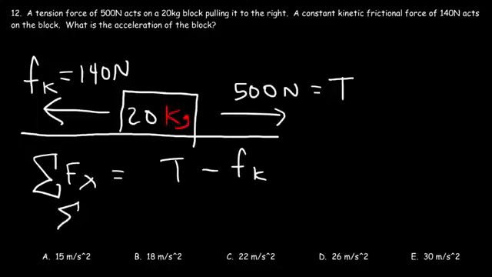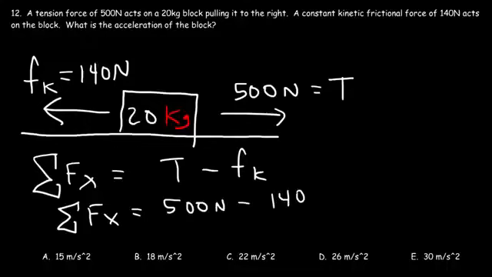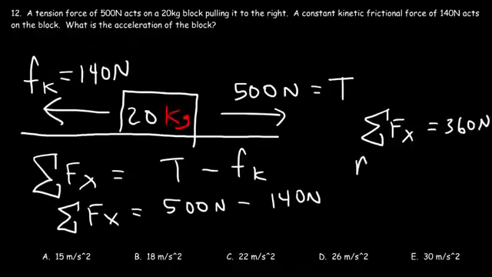So the net force in the x direction is going to be the tension force, which is 500 newtons, minus kinetic friction, which is 140 newtons. So therefore the net force is 360 newtons. Now based on Newton's second law, the net force is mass times acceleration. And the mass is 20.